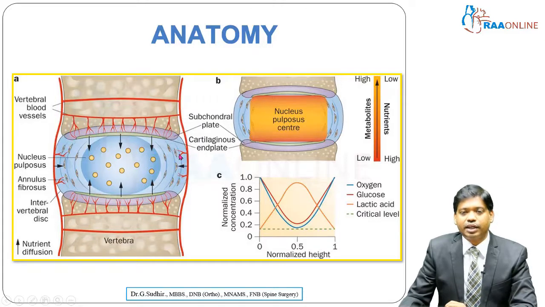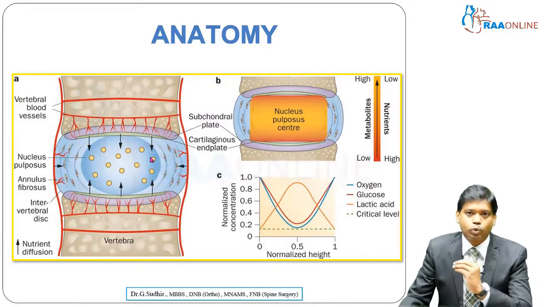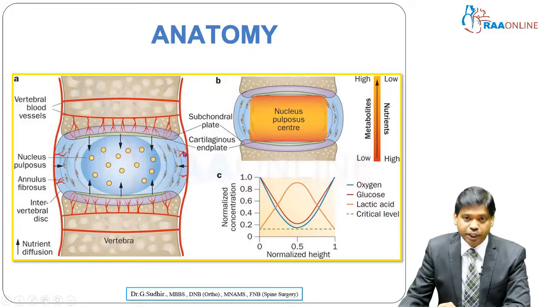That is why in the initial stage of disc prolapse, I'll be discussing that in the symptomatology, when the nucleus pulposus comes out through a tear in the annulus fibrosus, the patient will have severe excruciating pain. It is because of the rich neural supply to the outer layers of the annulus fibrosus and the end plates. This particular portion is richly neural and richly vascular, whereas the inner portion is avascular and aneural.